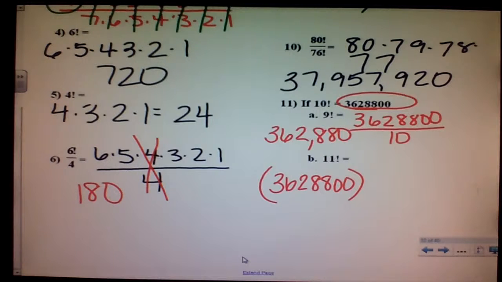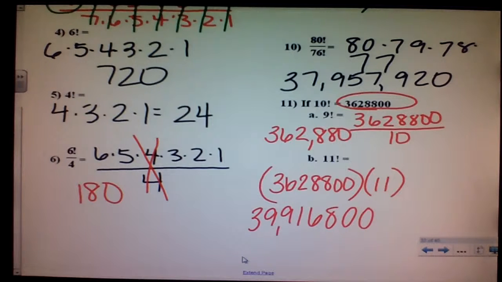Dividing would go down. You multiply it by 11, because that's the number that's missing. Because 11 times 10 times 9, that's the number that's missing. Exactly. So 39,916,100. That's ridiculous.